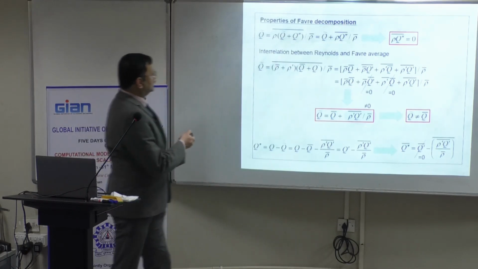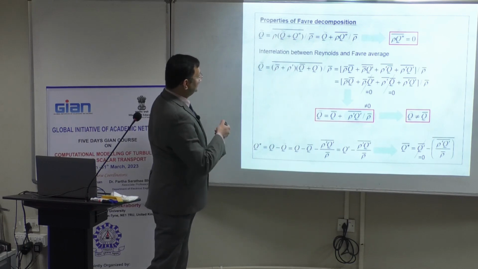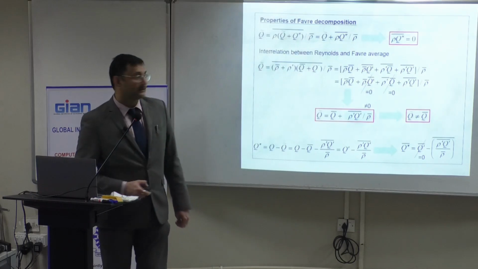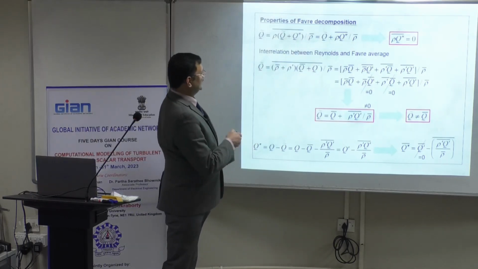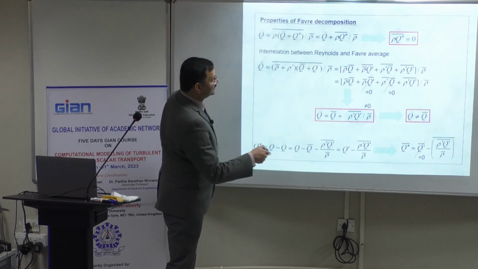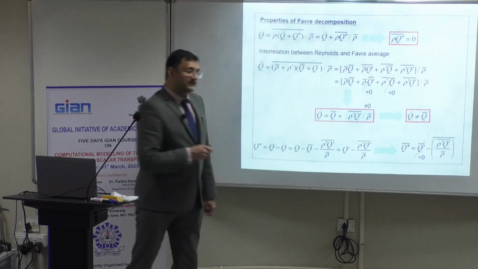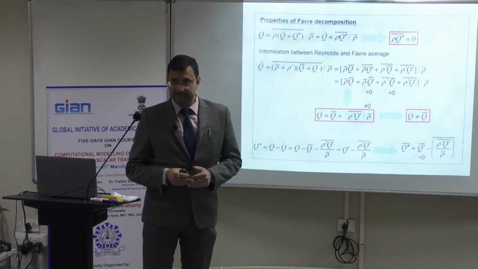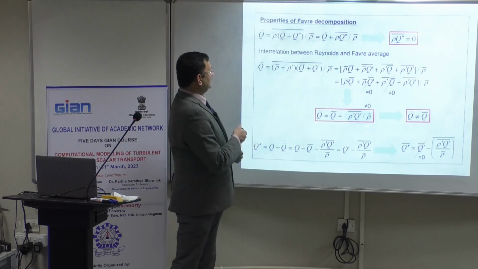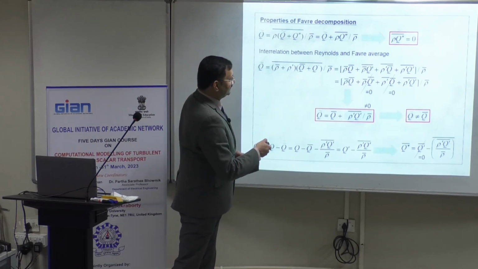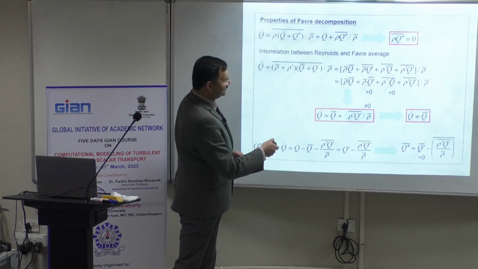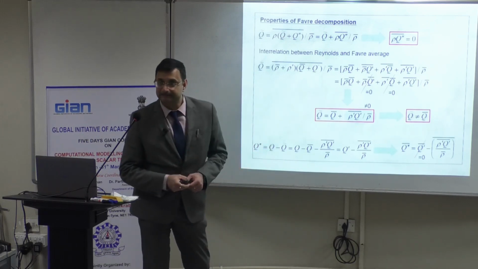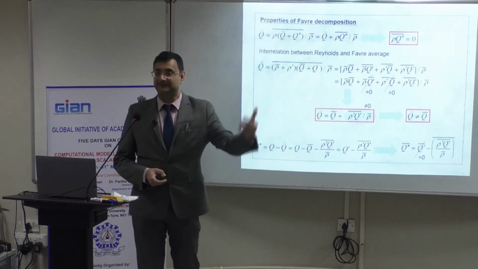If I now break this density into a mean density and density fluctuation, and expand this, essentially I'm just taking a product and then Reynolds averaging and addition operation. It's a linear operator, so they commute. So if you take the average of that, you will see this remains, this one goes to 0 because Q prime bar is 0 by definition. It's a fluctuation, the mean of a fluctuation is 0.